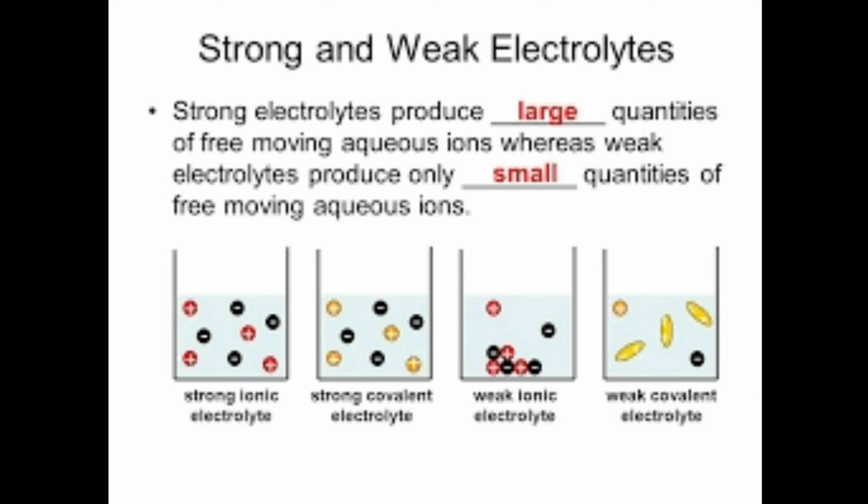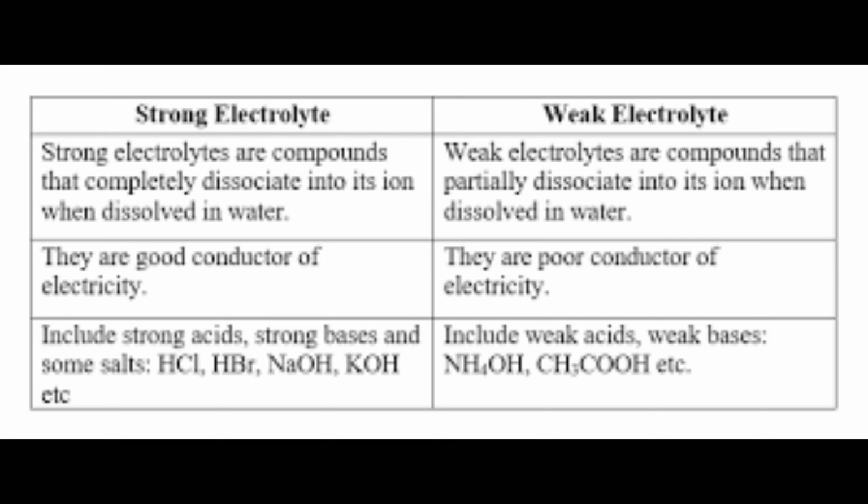Strong electrolytes produce large quantities of free moving aqueous ions, whereas weak electrolytes produce only small quantities of free moving aqueous ions. We see the difference between strong electrolytes and weak electrolytes. Strong electrolytes ionize or dissociate completely, but weak electrolytes are partially dissociated into ions.